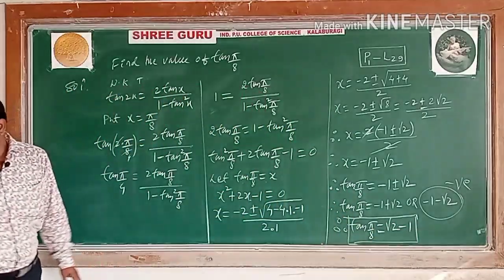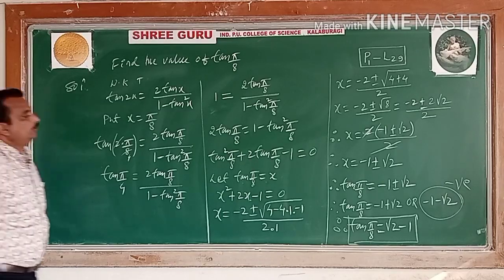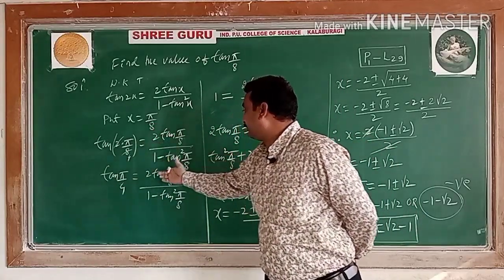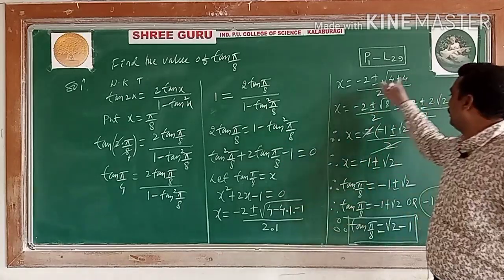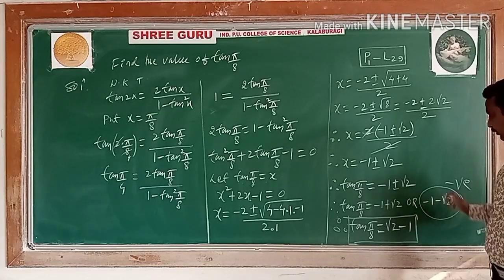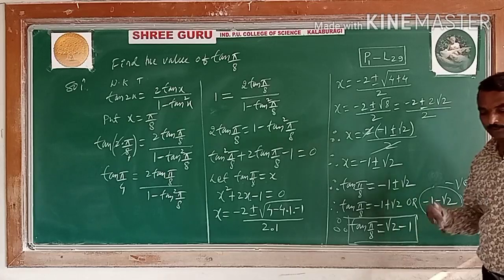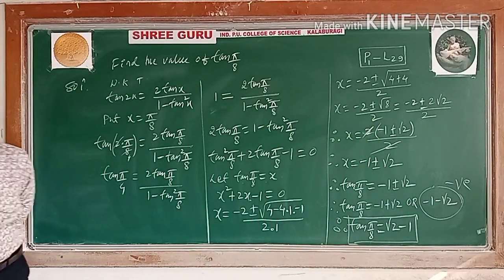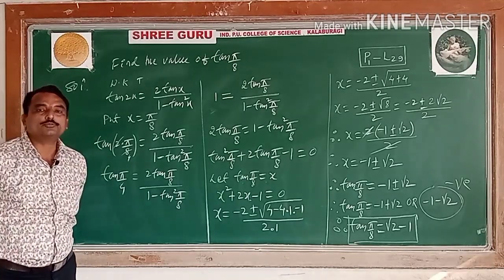Is it clear to all of you students? Here we have considered the tan 2x formula. In that we substituted x equal to pi by 8 and it becomes a quadratic equation, and we solved the quadratic equation. You get two values. One value is considered and one is neglected because it is negative. Tan 22.5 is a positive value, so we consider the positive value.